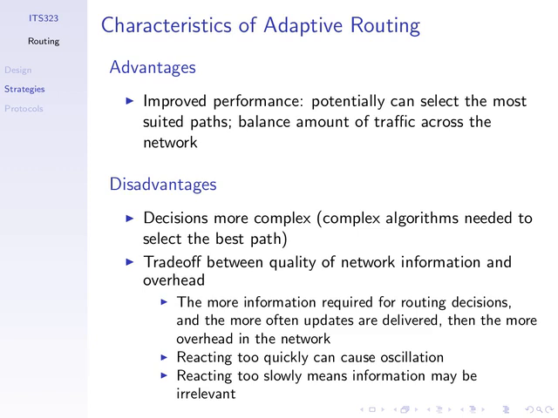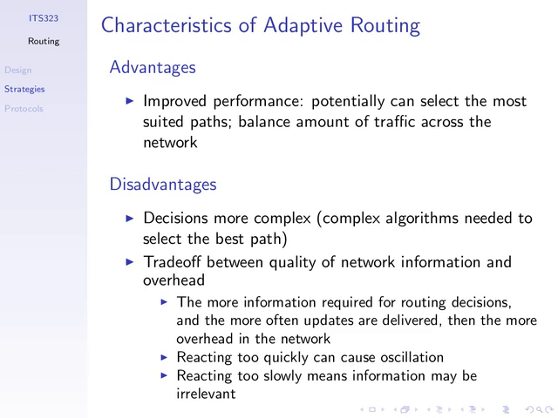If we get updates very frequently, we may have problems in that the routes that we select keep changing. They oscillate, and that can impact on the performance of the data delivery. If we get updates too infrequently, too slowly, then the information that we receive may be irrelevant.